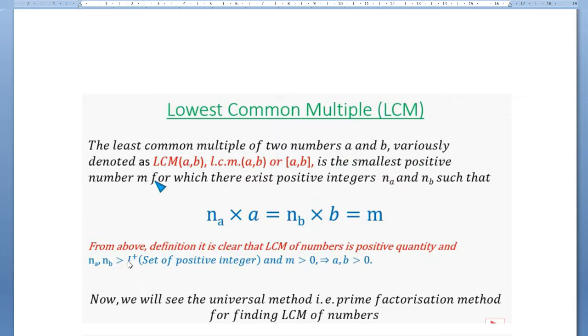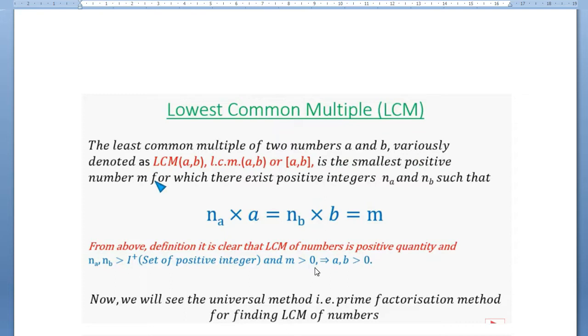So from the above definition, it is clear that the LCM of numbers is a positive quantity. NA or NB belongs to the set of positive integers, and M is obviously greater than 0.